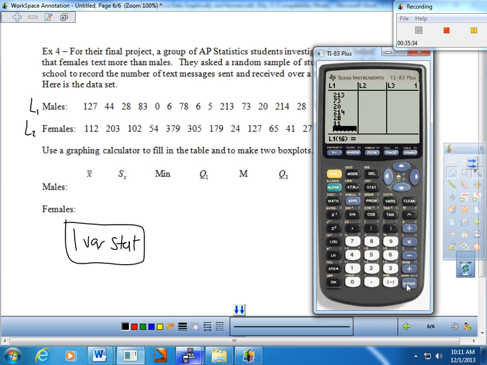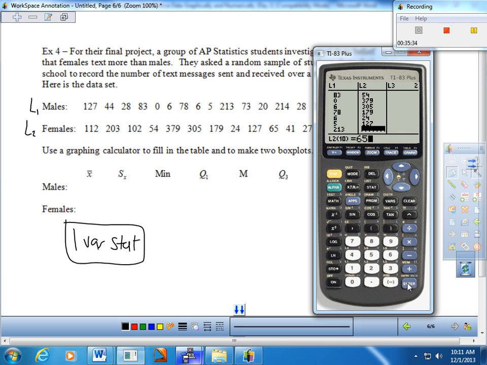All right, one down. Let's move them on over, and let's get the other one going. Okay, I'm getting closer here, 127.